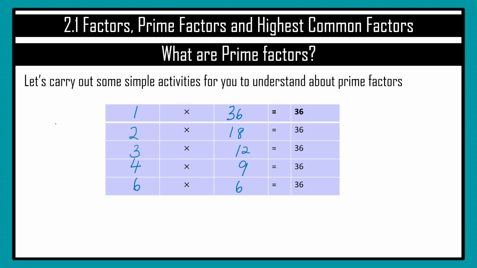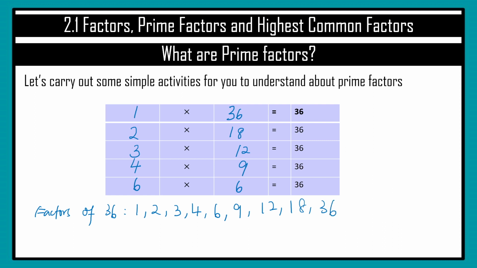If you still remember, the factors of 36 are 1, 2, 3, 4, 6. Even though there are two 6s, we are not going to list them twice. 9, 12, 18, 36.